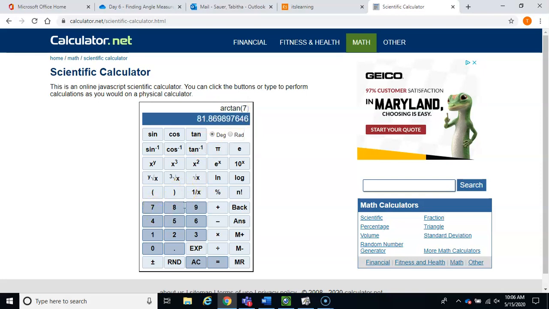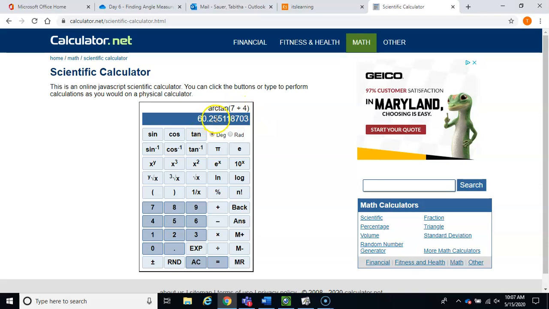And then 7 divided by 4. You can either hit equals, or you can already see that it's highlighted in blue here. So our answer is 60.25. Let's go ahead and round this to the nearest tenth.